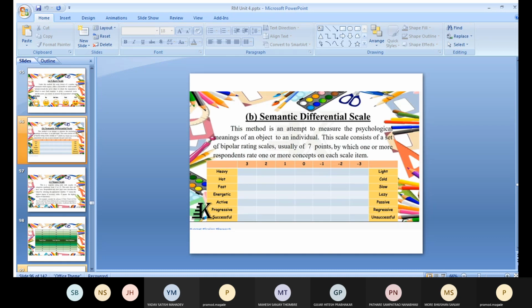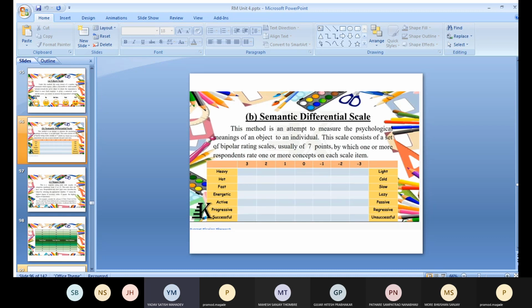That's why we call it a semantic differential scale. It is again the simplest format. Here a zero indicates nothing, the null point: not heavy, not light. That will be the indication of zero. Clear? Is that understood?